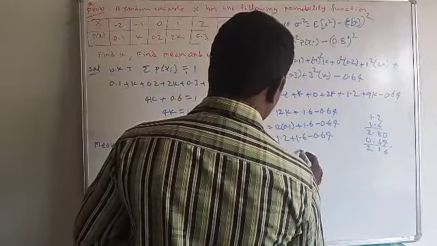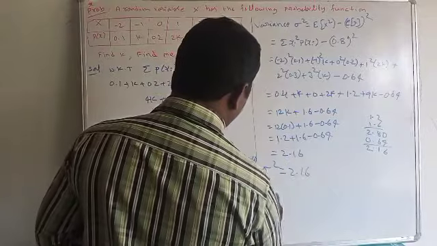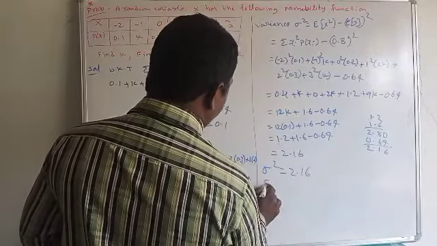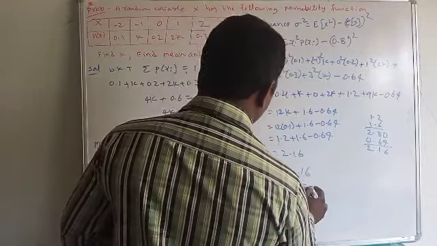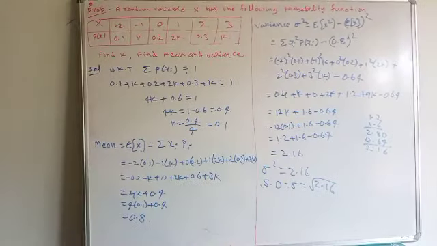Finally, sigma square is equal to 2.16. If you have to find the standard deviation, sigma is equal to the square root of 2.16. Find the value.